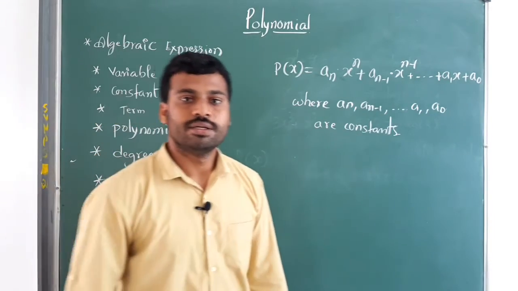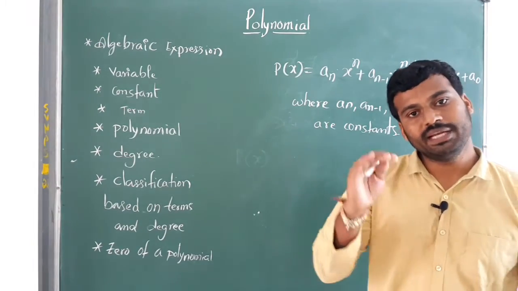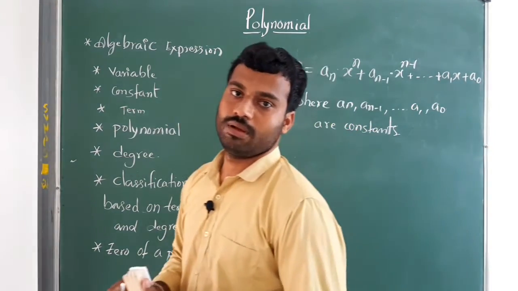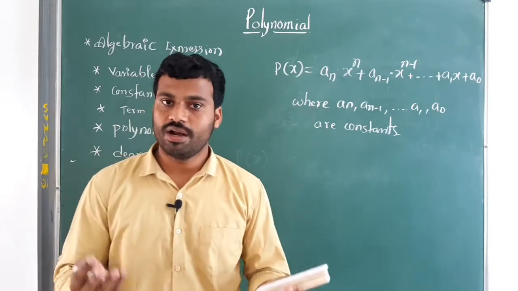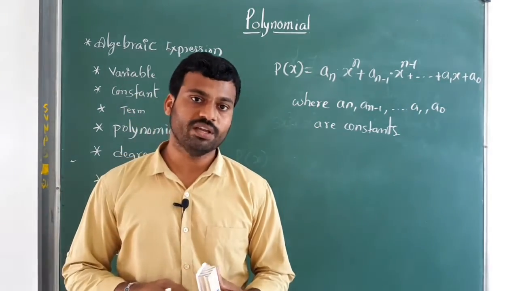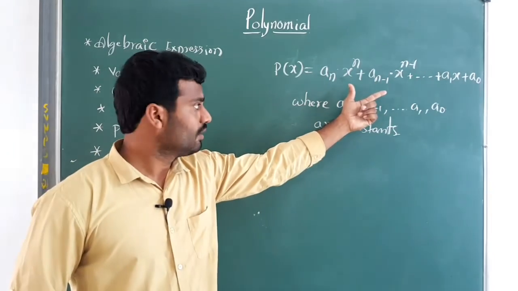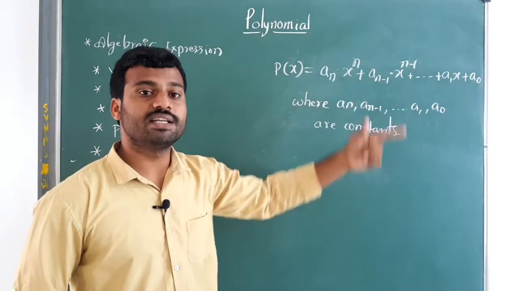Clear or not? So, if it is a polynomial, there will be a degree for that polynomial, maybe linear, quadratic, cubic, as we learned. So, what is the degree of this general form?